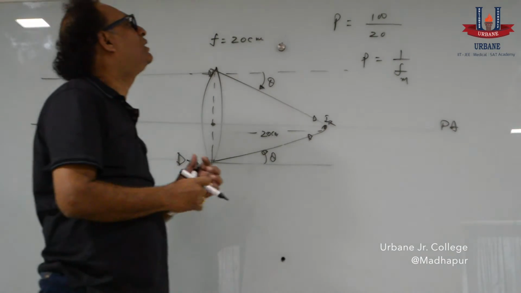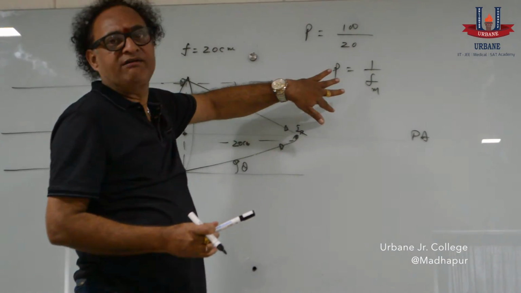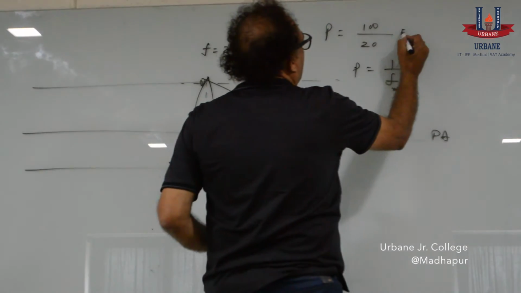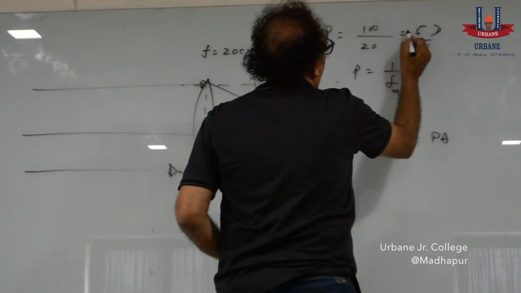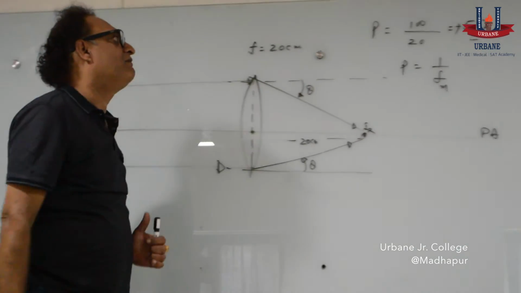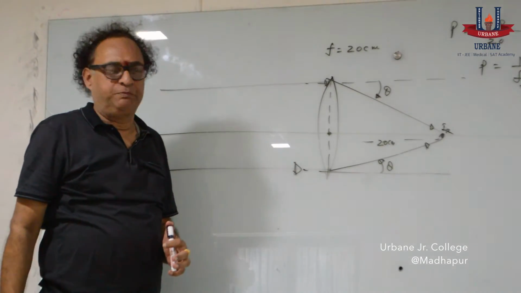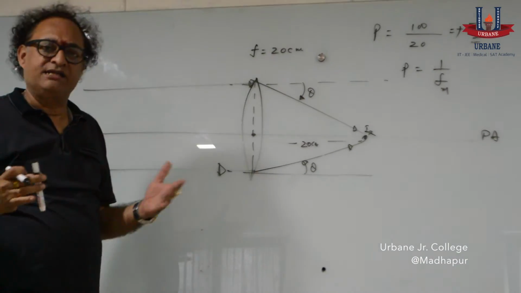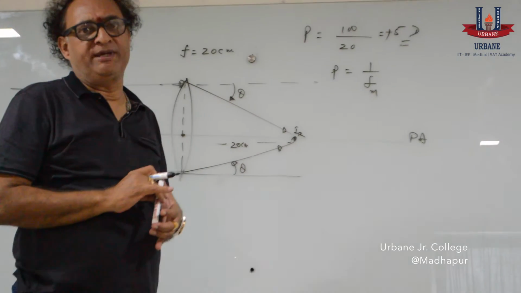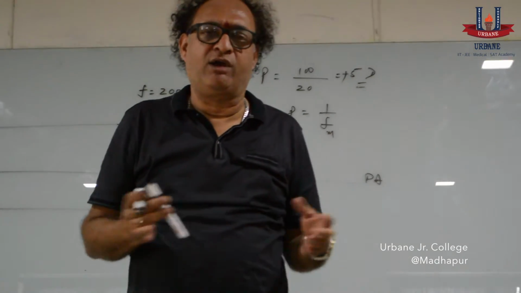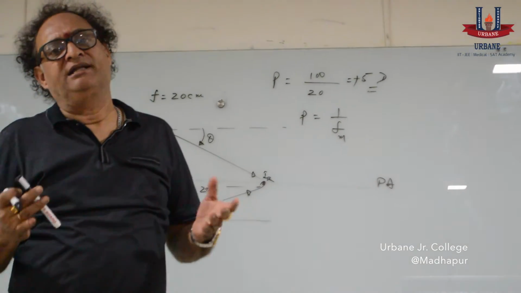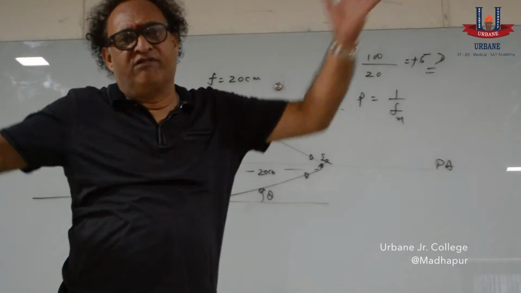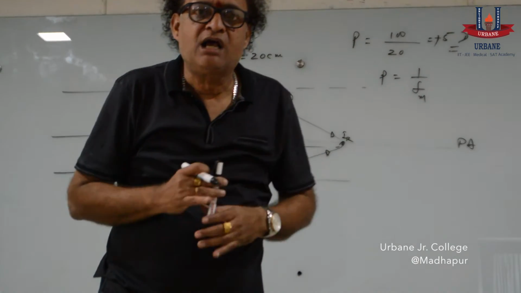So how did we convert that to meters? 20 centimeters divided by 100 has been turned into meters. So this will go here 5 times, and so we call the power 5 diopters if it is a convergent lens. It is plus. And similarly, if it is a concave lens, we call it a divergent lens, and the power should be negative because the rays are being diverged instead of getting converged.